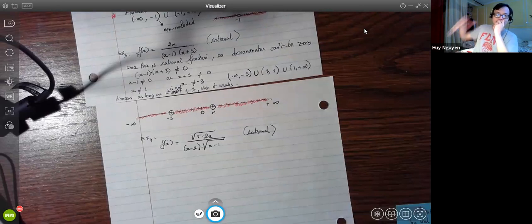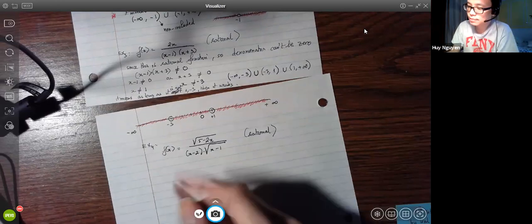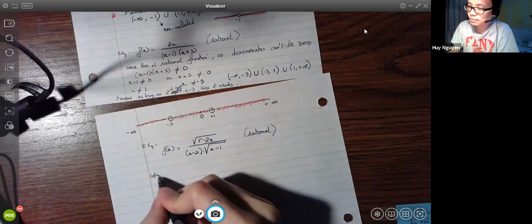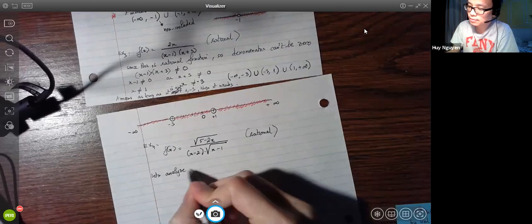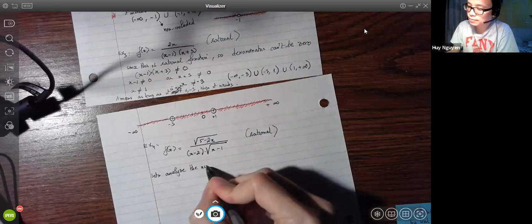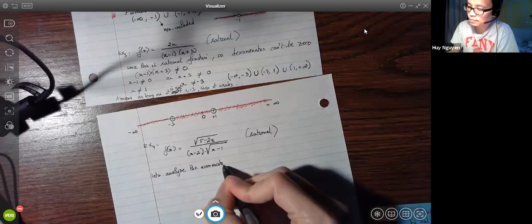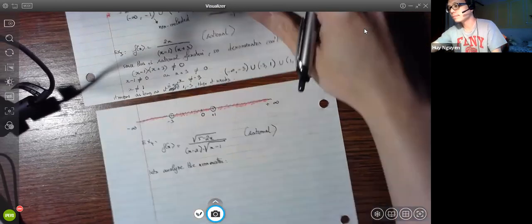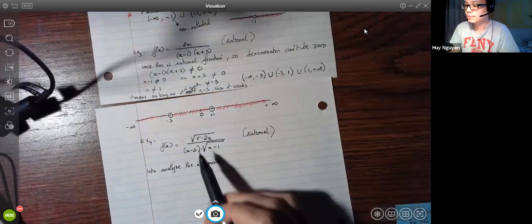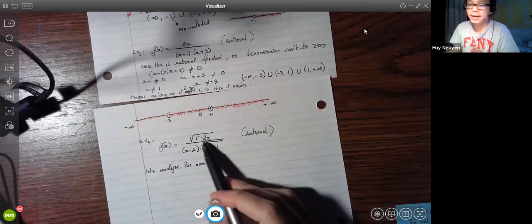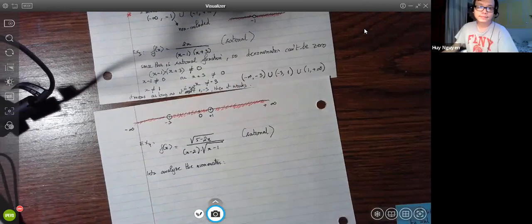Okay, now let's analyze the top, the numerator. The numerator here is the square root of 5 minus 2x. Now let's go back to our first example.